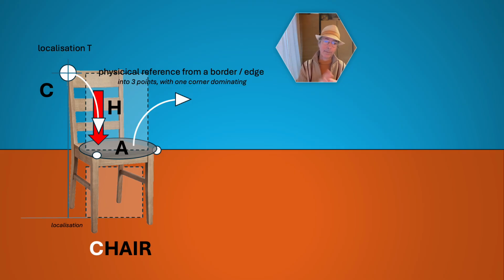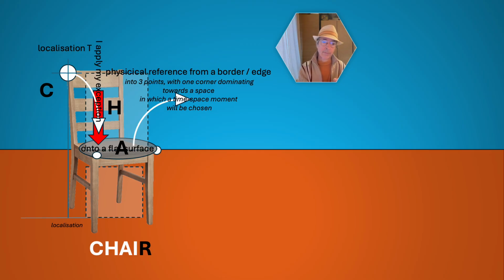So I have, of course, this physical reference from a border and an edge with one corner dominating, which I will also use as a starting point to go towards a focus into that space. So I will choose the right time-space moment, as the theory says, meaning that I choose the right moment to apply something there, the right moment and the right place.